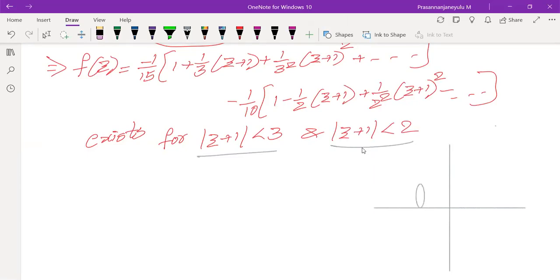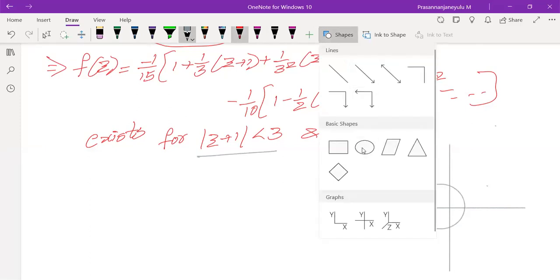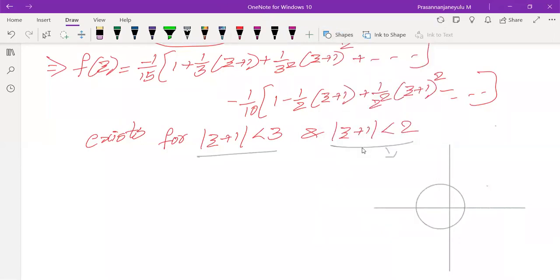So I am taking this as the center of the circle with the 2 units distance, and in the same manner I am taking one more circle with the same center minus 1 but with the 3 units distance.